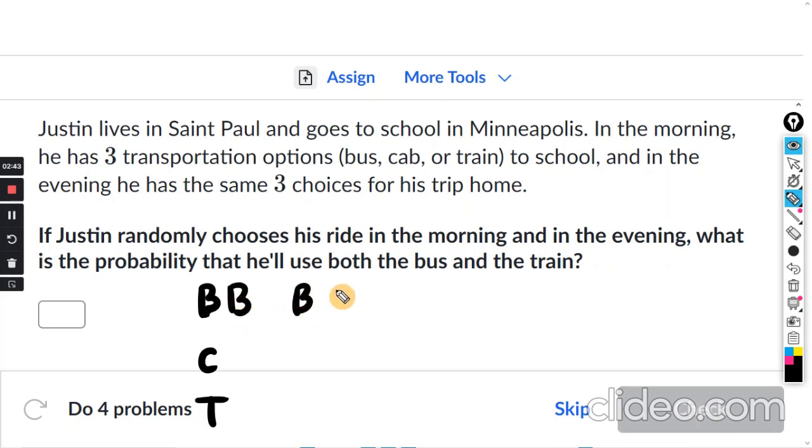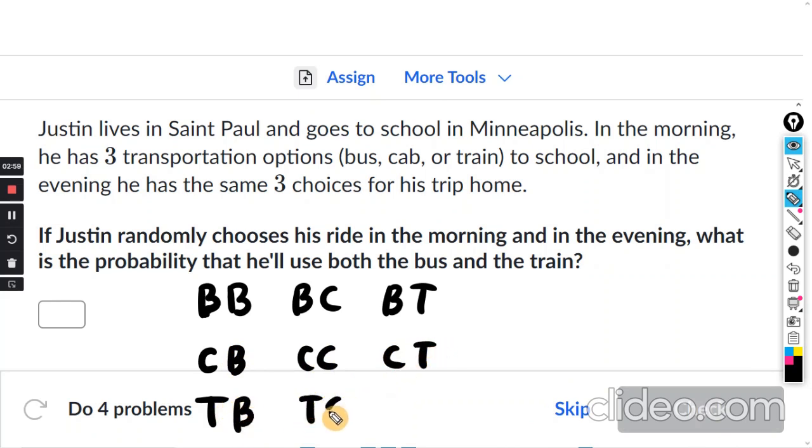He could take the bus and then the cab. He could take the bus and then the train. For the cab, he can take the cab and then the bus, the cab and then the cab, and the cab and then the train. And the train and the bus, the train and the cab, and the train and the train. There's 9 possibilities, which makes sense because 3 times 3 is 9.